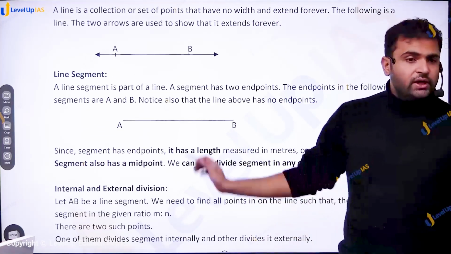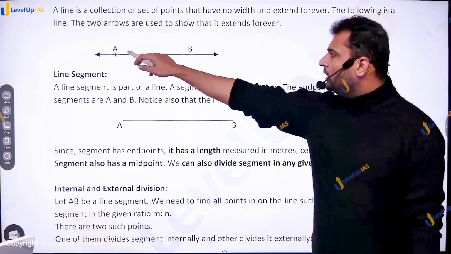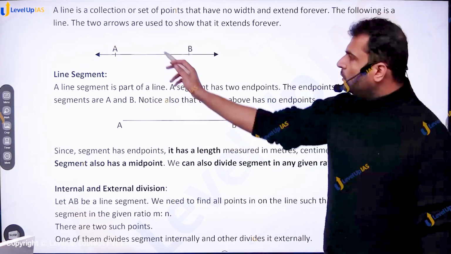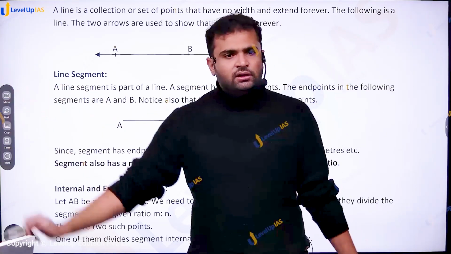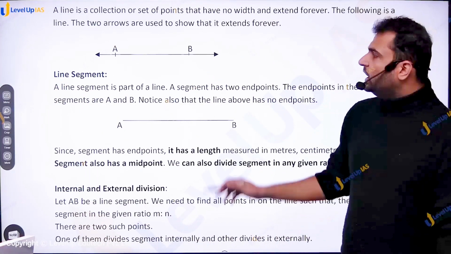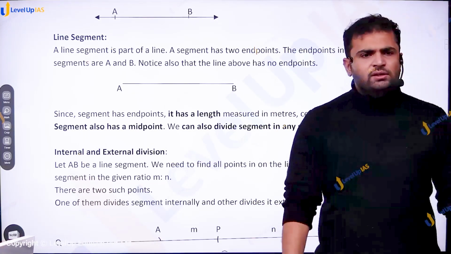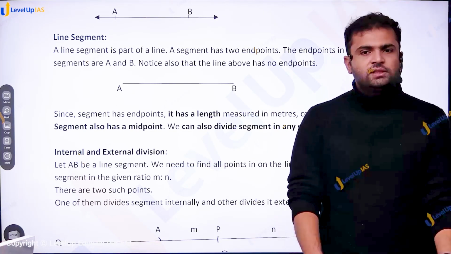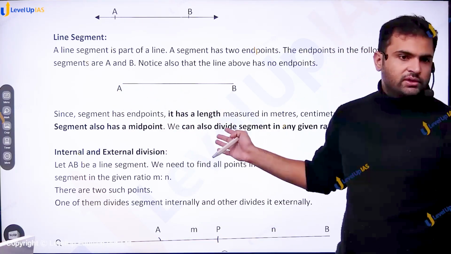So the point is we are dealing in a plane. A line is denoted by 2 uppercase letters A, B, and in both directions it can go indefinitely. Then a line segment is a part of a line. It is a definite part of a line. It has definite length and definite endpoints.